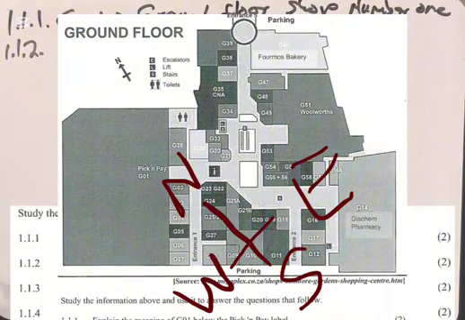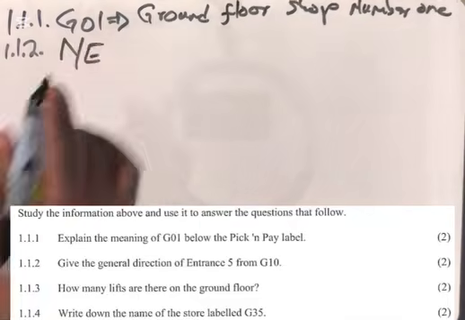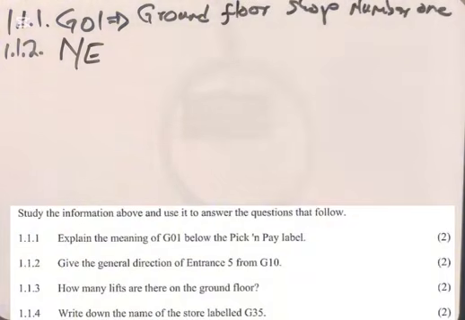Not to forget, we should make sure that we don't change the direction of our original compass direction in terms of this question paper. When we draw this compass direction at G10, we can see that entrance number 5 is at northeast. Northeast. That is going to be our direction.